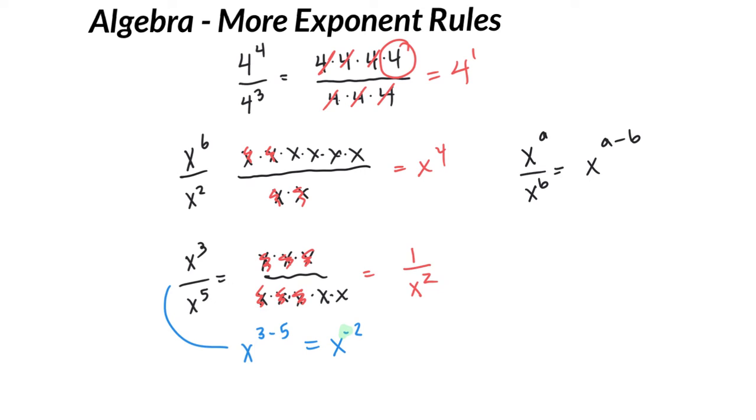If you wrote x squared, that means you're multiplying by x twice. But x to the negative second means you are dividing by x twice. It's the opposite. The opposite of multiply is divide. So that is why we have this negative exponent, and that means it's 1 over x squared. Basically, we just put it into the denominator.